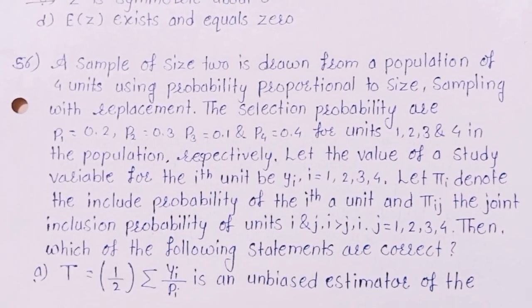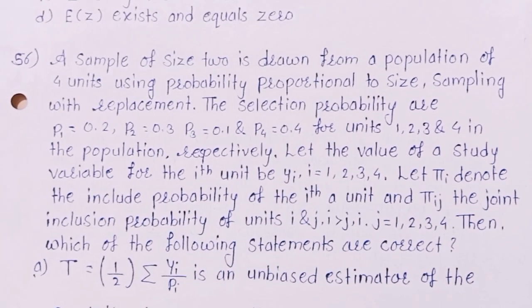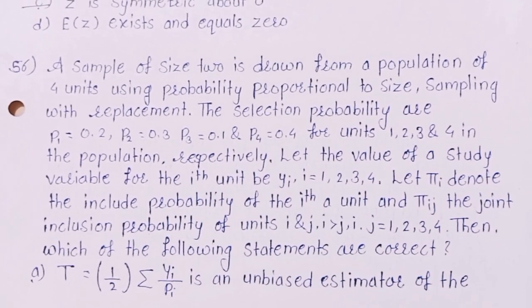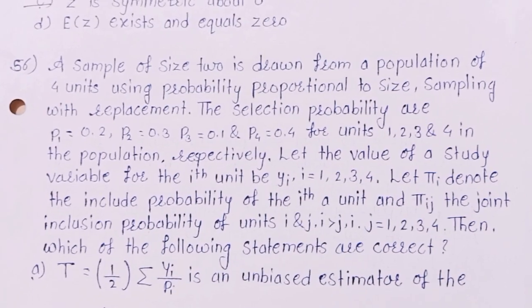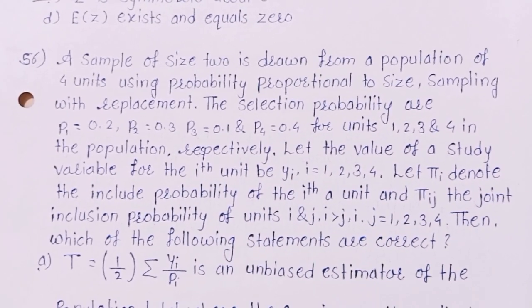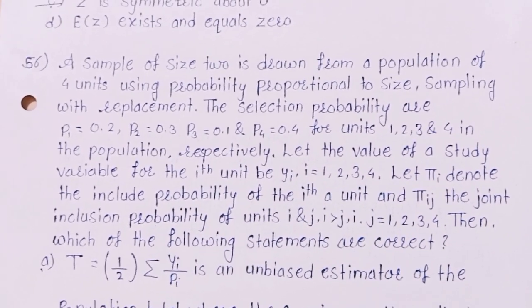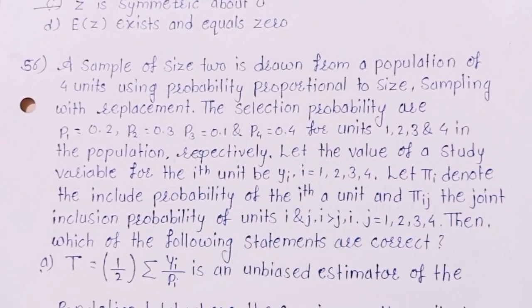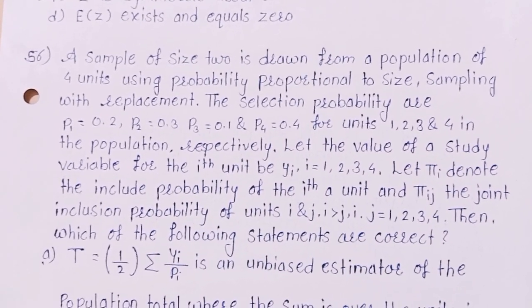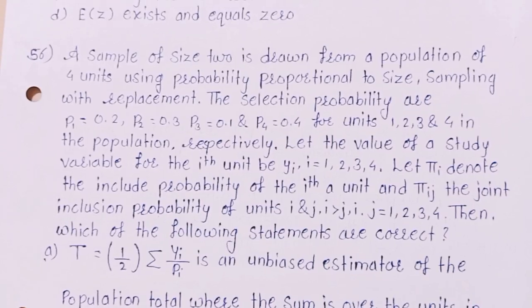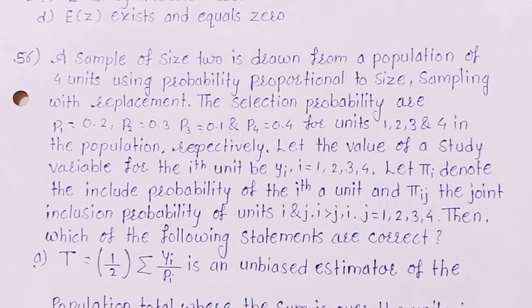Next question. A sample of size 2 is drawn from a population of 4 units using probability proportional to size sampling with replacement. The selection probabilities are P1 equals 0.2, P2 equals 0.3, P3 equals 0.1 and P4 equals 0.4 for units 1, 2, 3 and 4 respectively.